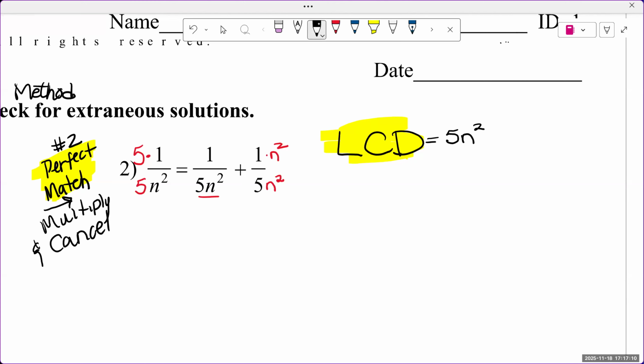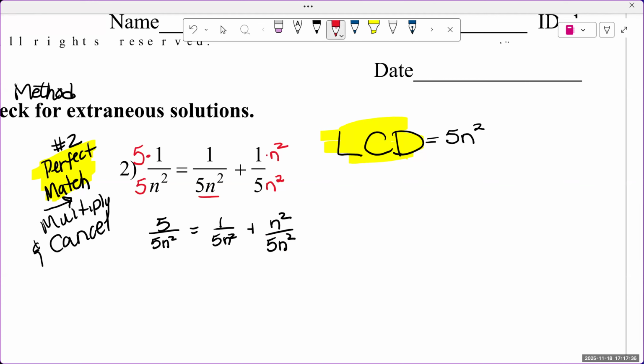Okay. Now I take the least common. So you know what? Sorry, I'm going to rewrite this. 5 over 5n squared is equal to 1 over 5n squared plus n squared over 5n squared. Should I reduce those? No, I have the least common denominator that I want.